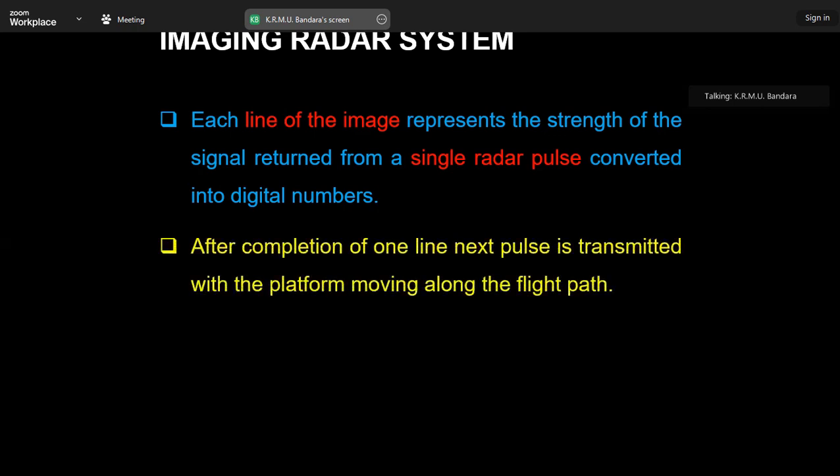After completion of one line, the next pulse is transmitted with the platform moving along the flight path. Immediately after the first pulse and before the second pulse, the receiving part is done by the antenna. Meanwhile the satellite moves in the flight direction after one line is scanned.